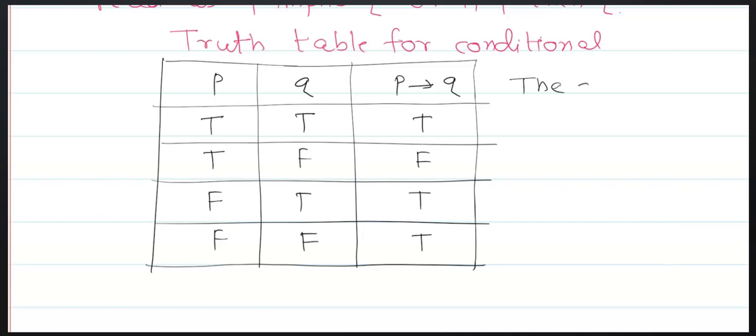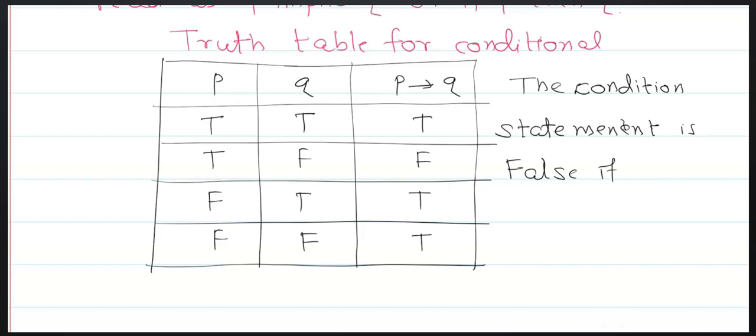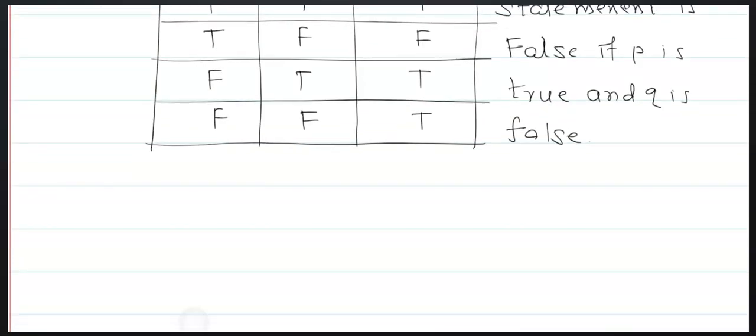The conditional statement P implies Q is false if P is true and Q is false.